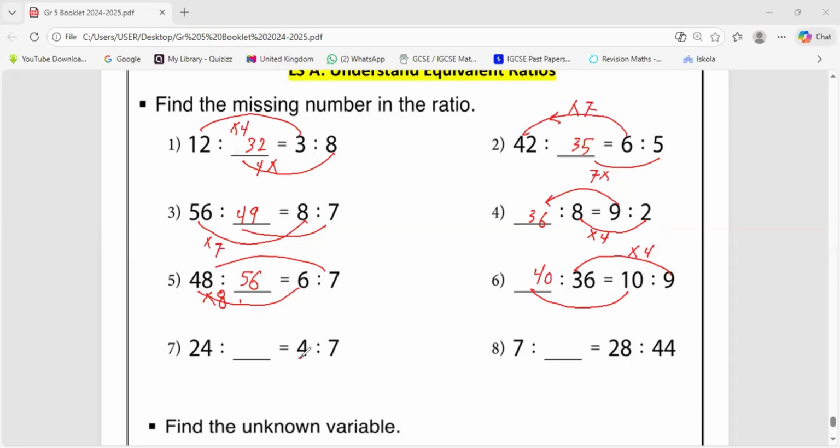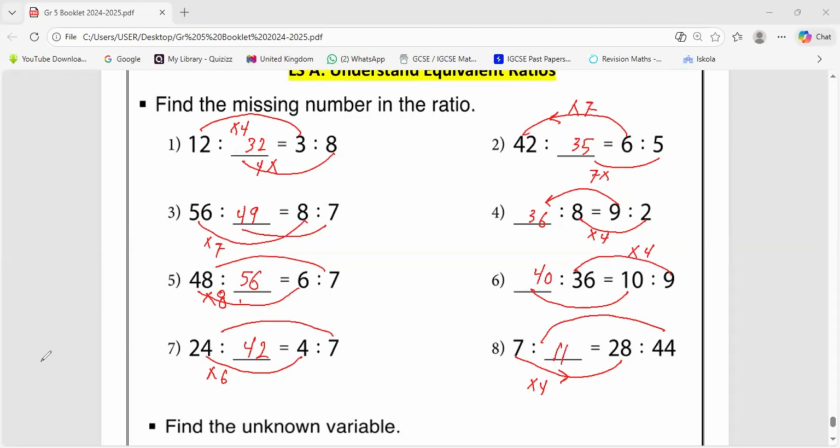Here 4 multiplied by 6, you get 24, and also 7 multiplied by 6 is 42. Here 7 becomes 28, multiplied by 4, and the number multiplied by 4 gives 44, which is 11, and so on.